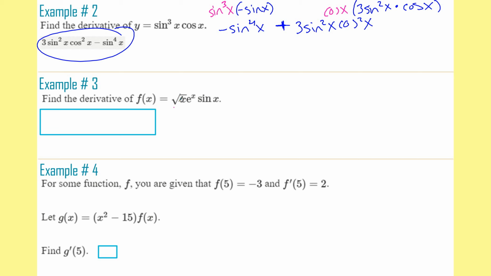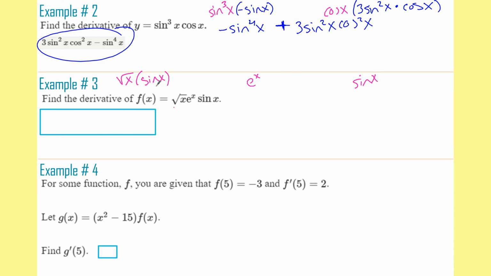So what I do is you have your 3 main functions. You have your square root of x, you have your e to the x, and you have your sine x. Then they're all going to be multiplied by 3 things.